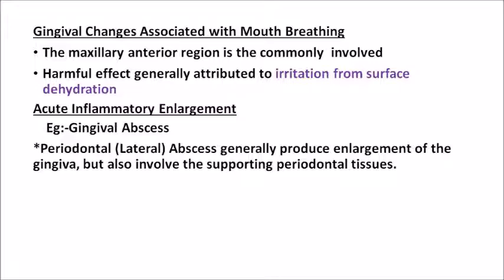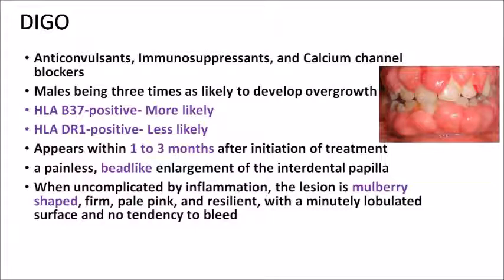It is due to impingement of toothbrush bristles or a fish bone or anything which presents as an abscess of the gingiva. This is acute, meaning the time duration of formation is less. Now, periodontal abscess or lateral abscess also produces enlargement of the gingiva. How to differentiate? Periodontal abscess involves the supporting periodontal tissue, or the periodontium, also. So that was the first class, inflammatory enlargement.